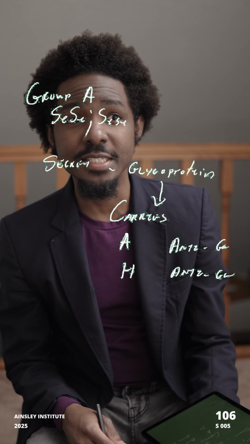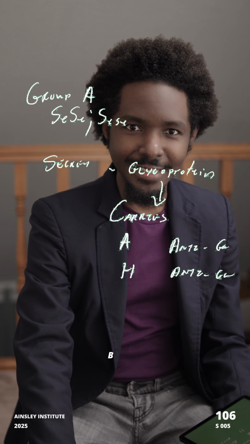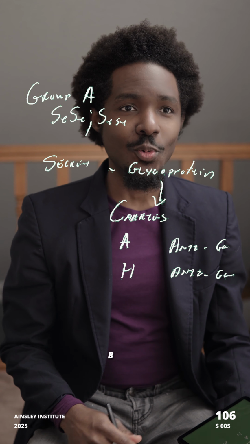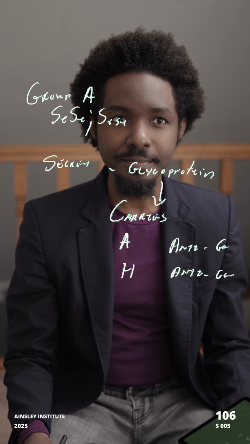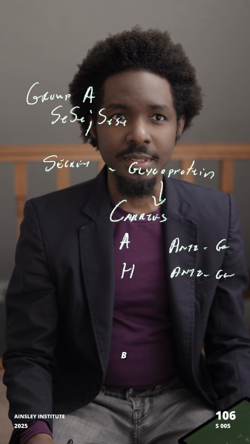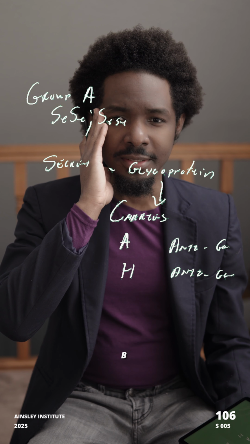So now you can see why you use anti-A, anti-B, anti-H in our determination of the blood grouping system. That is just something for us to think about.